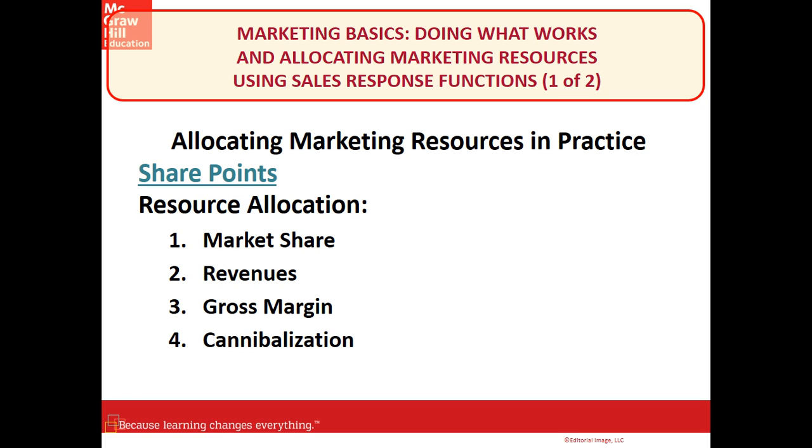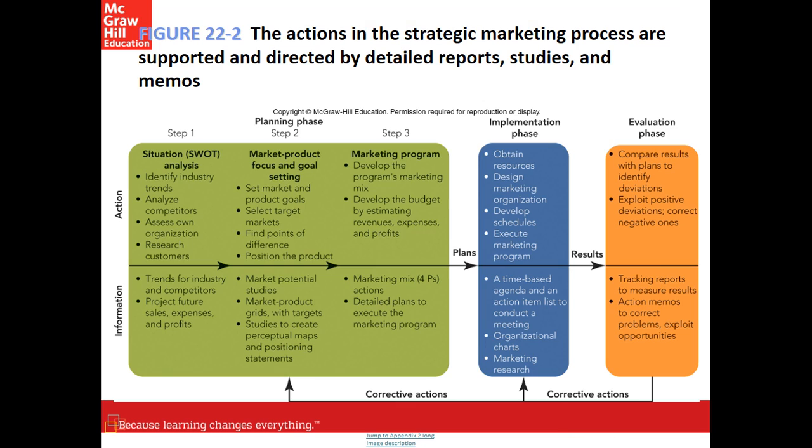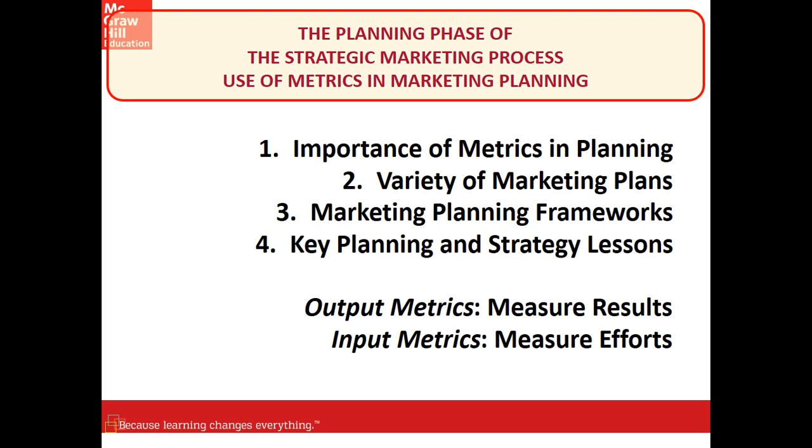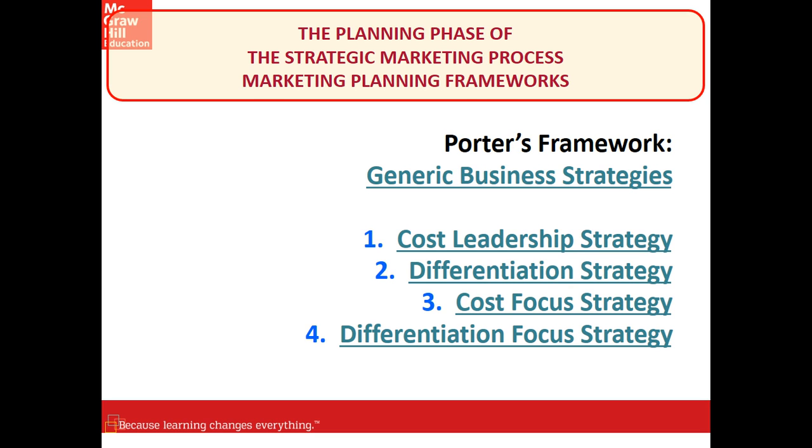What do you mean by cannibalization, and the steps, the actions, of the strategic marketing process, and the importance of metrics in planning, okay? Marketing plan, right? Planning frameworks, okay? Output metrics versus input metrics. Output metrics measure results. Input metrics measure efforts, okay?